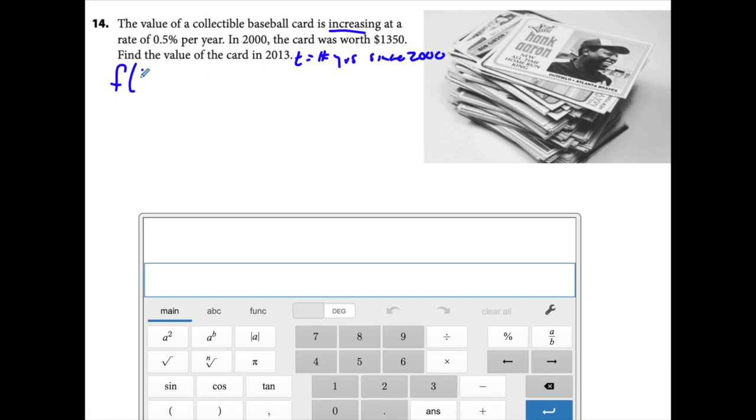Then f of t is equal to the initial value in 2000 times 1 plus, because it's increasing, r, to the t. And we know that in the beginning it was $1,350, and then each year it's going to grow by 0.5%.